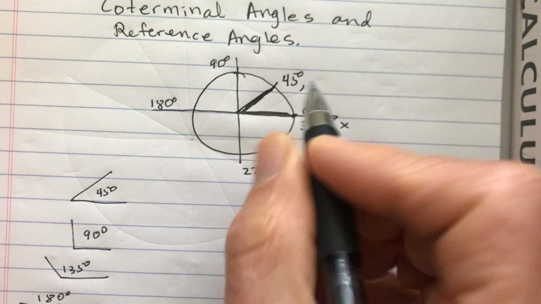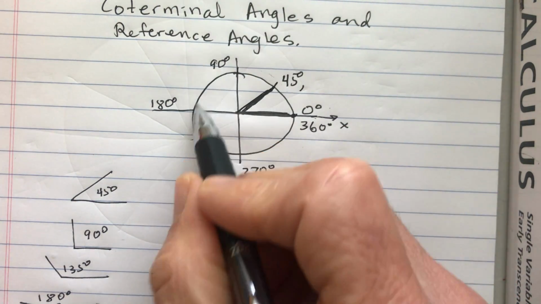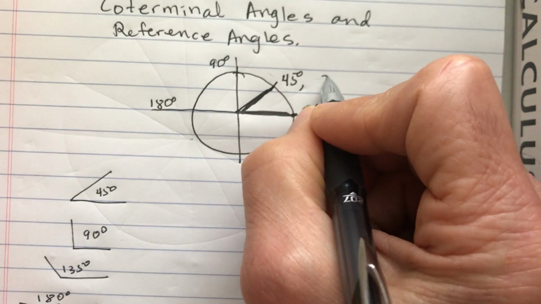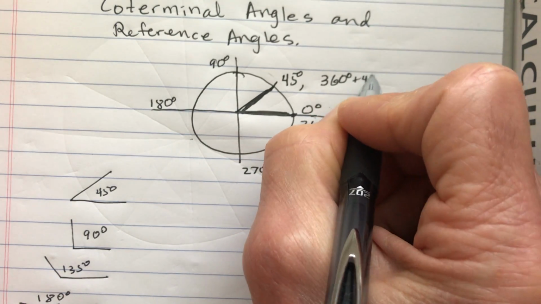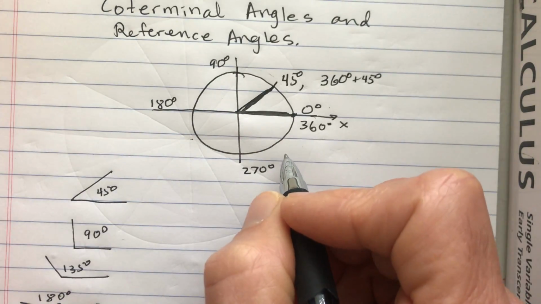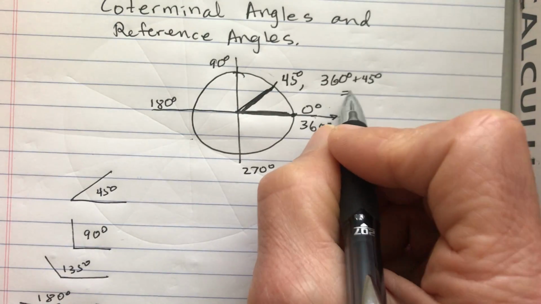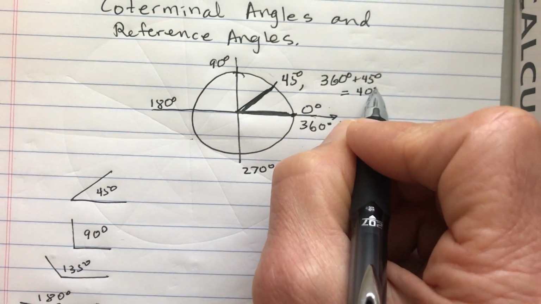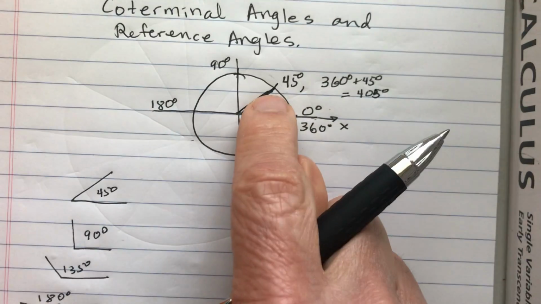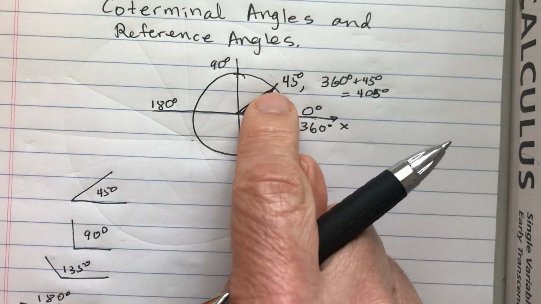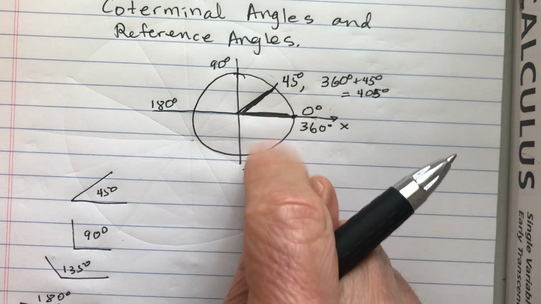It's half of 90. Okay, if I go all the way around 360, then I could look at this as 360 and just keep going. 360 plus 45, which turns out to be, I think I do in my head, 405 degrees. So I have 45, I go around once more and I get 405 degrees.